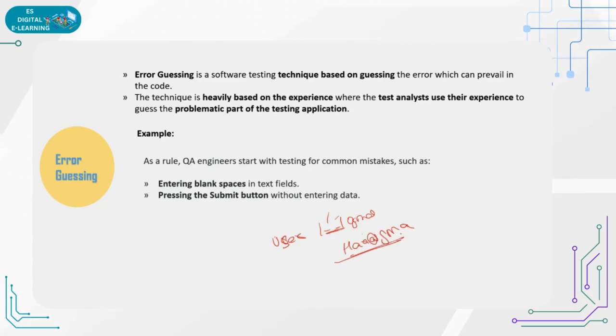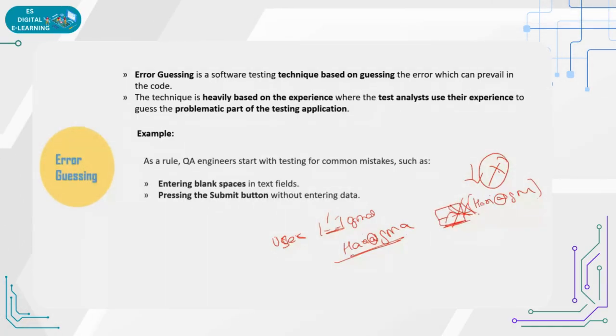You need to give the input Hari@gmail.com, but instead, in your username you gave three spaces and then Hari@gmail.com. Actually it should not work. It should be always empty because your Gmail is correct but there is a space. It should not allow it. If it is allowing, then it will create a problem. It is also one kind of bug. So that is error guessing.